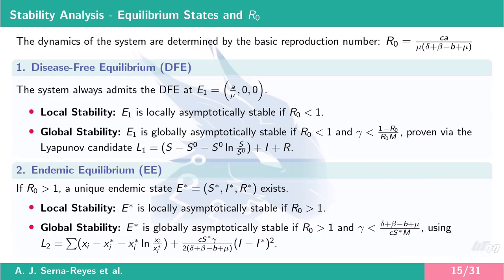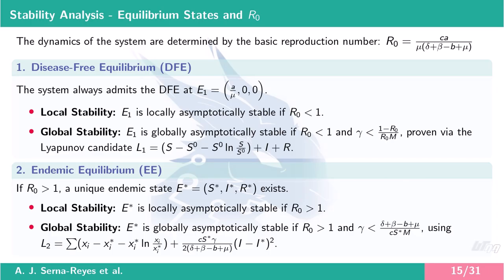The stability analysis is characterized through the basic reproduction number R0, which represents the average number of secondary infections produced in a fully susceptible population. The system always admits a disease-free equilibrium value when R0 is less than 1.